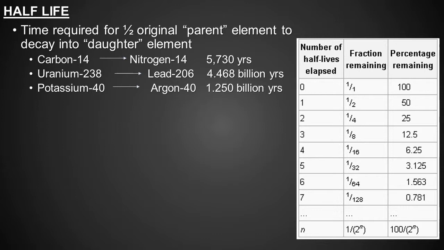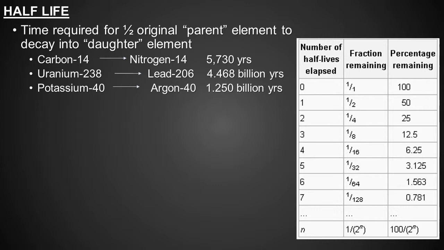The table at the right lists the percentage of parent isotopes remaining after different numbers of half-lives. After 7 half-lives, there is very little of the parent isotope remaining. At this point, it may be difficult to measure this parent isotope.